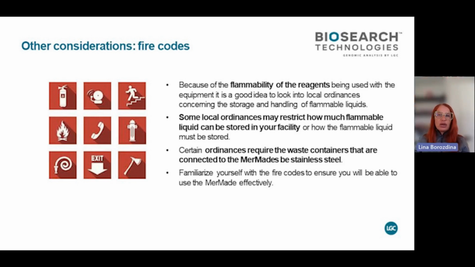So if on the bottom you're allowed a 20-liter container of flammable liquids, when you get to like the fourth floor, it's only 200 milliliters. Make sure that you have all that information before bringing the instrument in, because it does use a certain amount of solvent and generates a certain amount of waste.